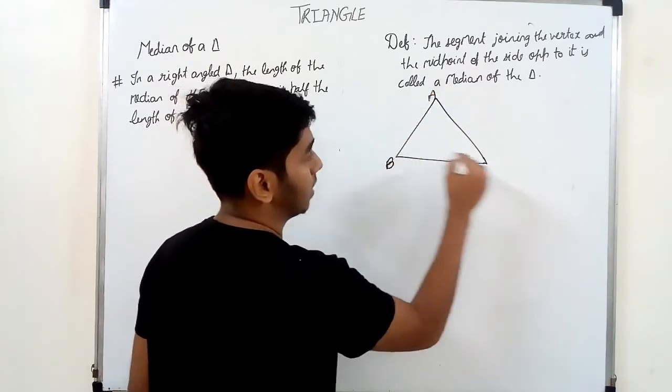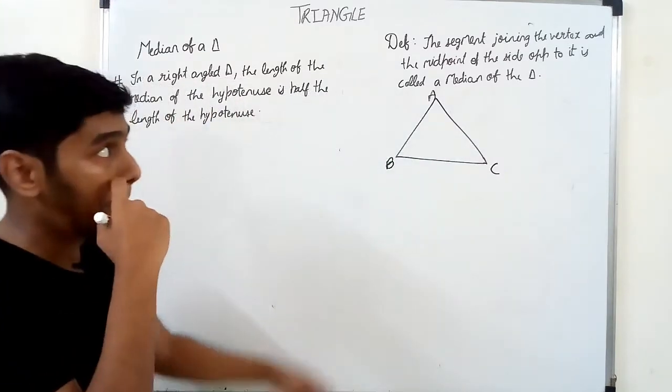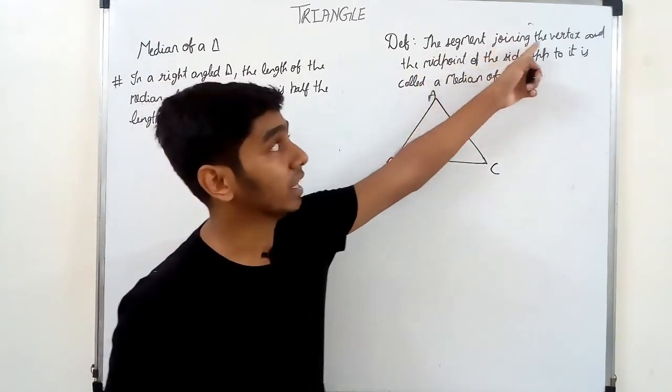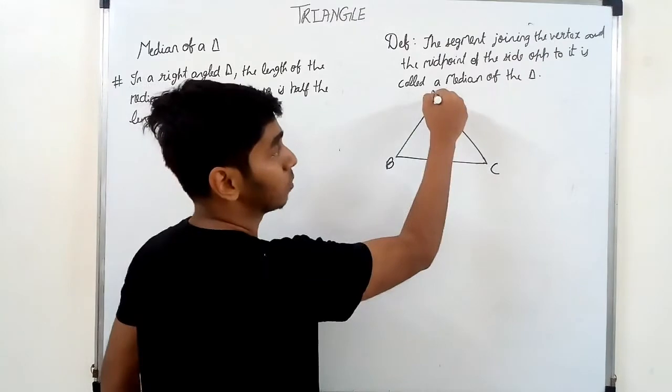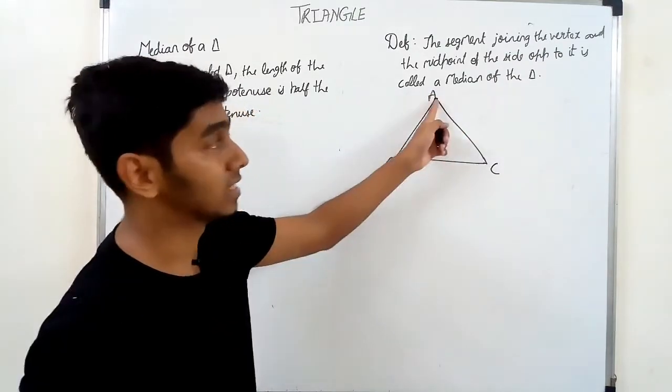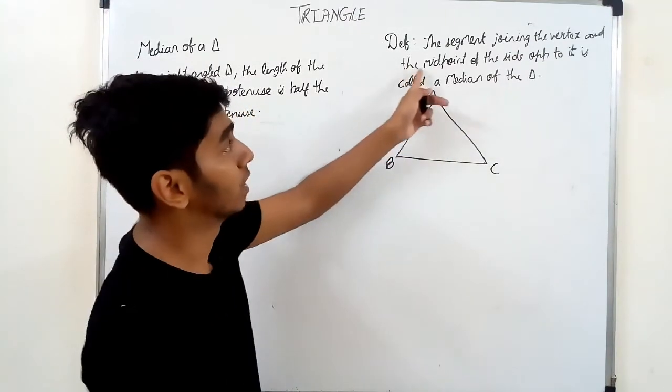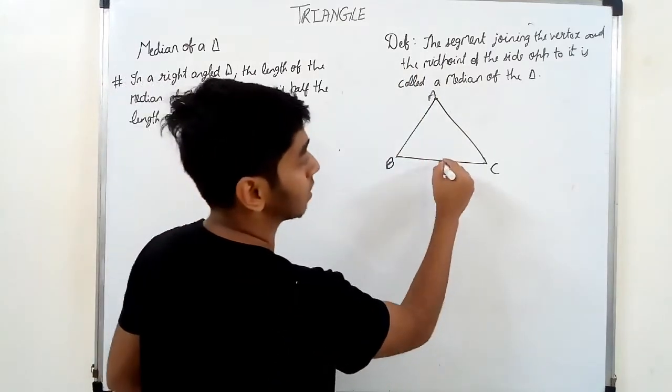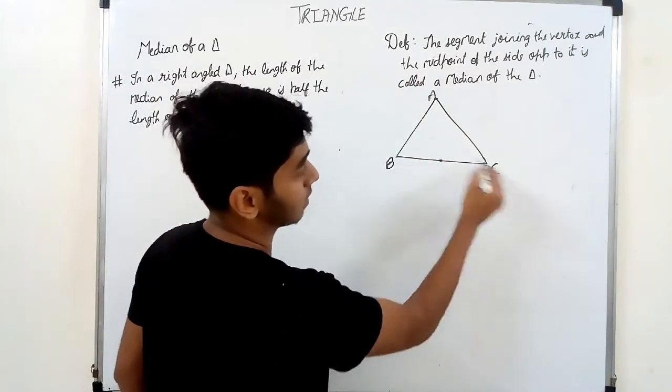A, B and C. Okay, so a segment joining the vertex. Let's take this vertex A. So a segment from A joining the midpoint of the side opposite.